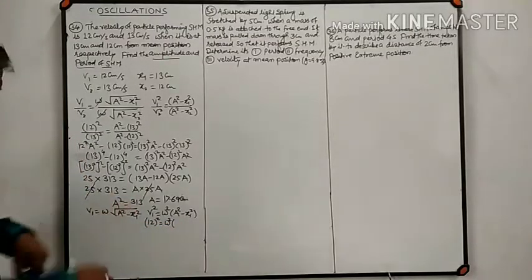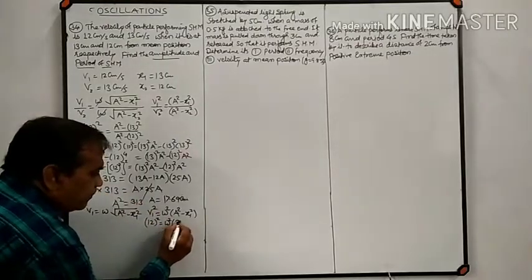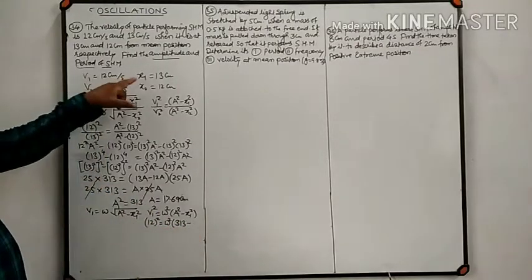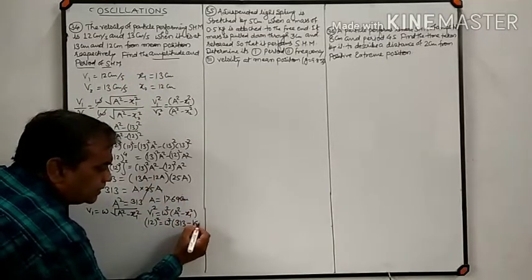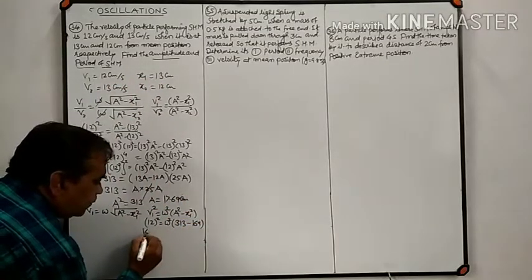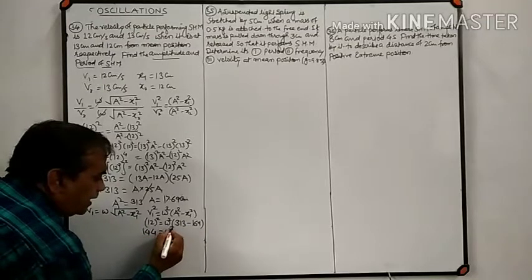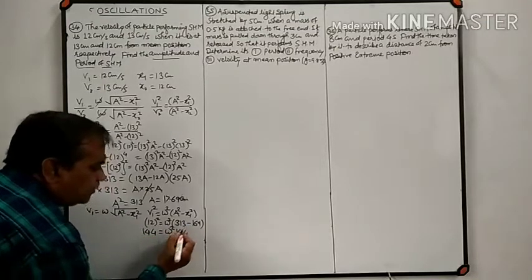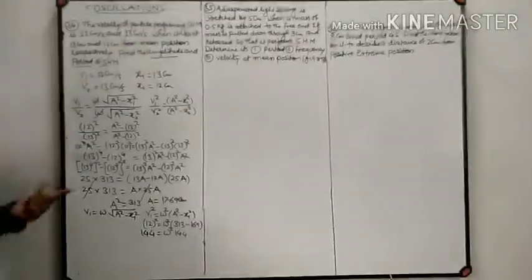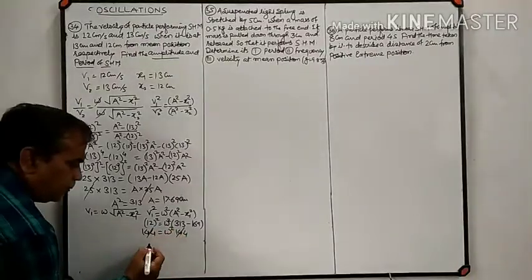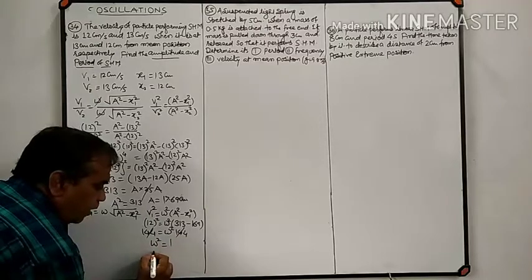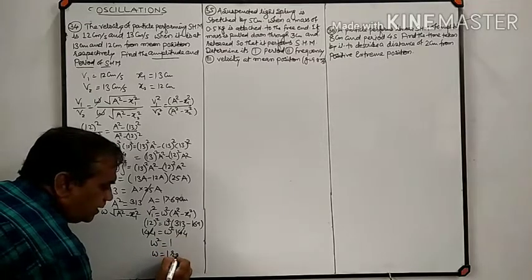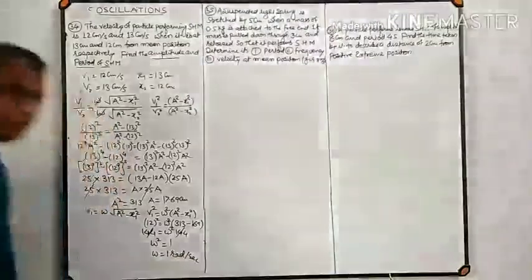Now the value of a square is 313, minus x1 square. x1 is 13, and the square of 13 is 169. So 144 is equal to omega square into (313 minus 169), which is 144. So this 144 on two sides gets cancelled. So omega square is equal to 1, or omega is equal to 1 radian per second.